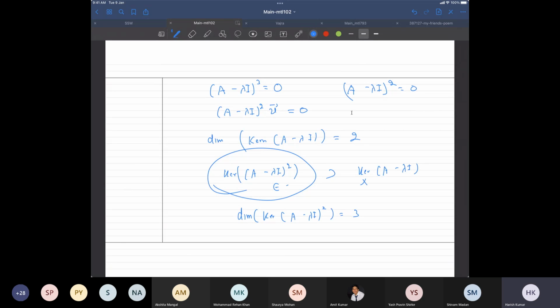Okay, how would we prove that? I think we have to use some Cayley-Hamilton kind of argument, and if you look at the characteristic polynomial, then you get, because lambda is repeated 3 times, something like this is 0.